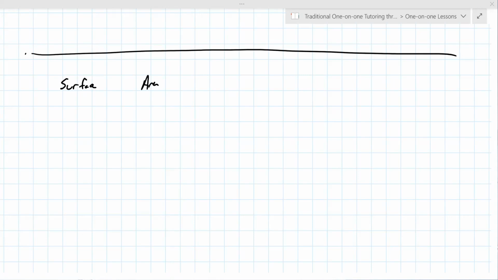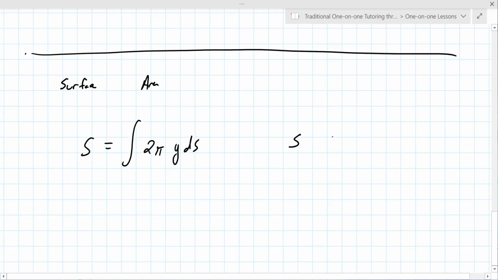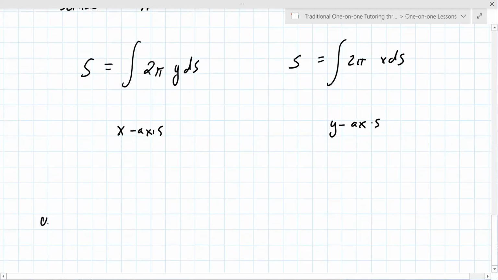The two types here are 2 pi y ds and 2 pi x ds, and it depends whether you're doing an x-axis or a y-axis. Your ds is dependent on that.